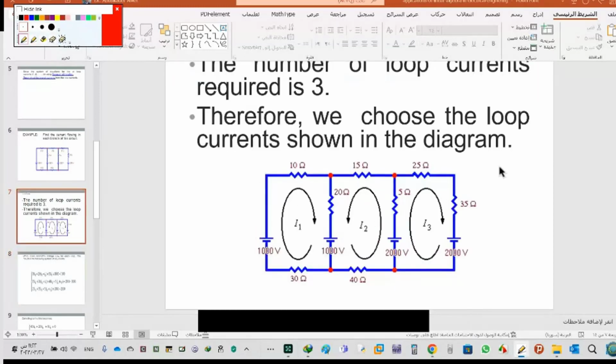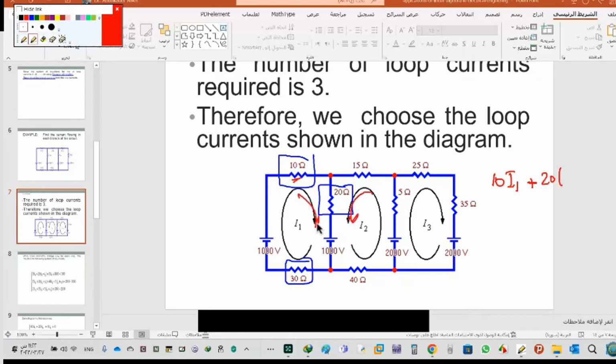I1. Okay, how can we write this one again? I will explain to you. Let's take each R and let's write for R. So for R1, we have 10 I1. Plus, here we have 20 ohm.